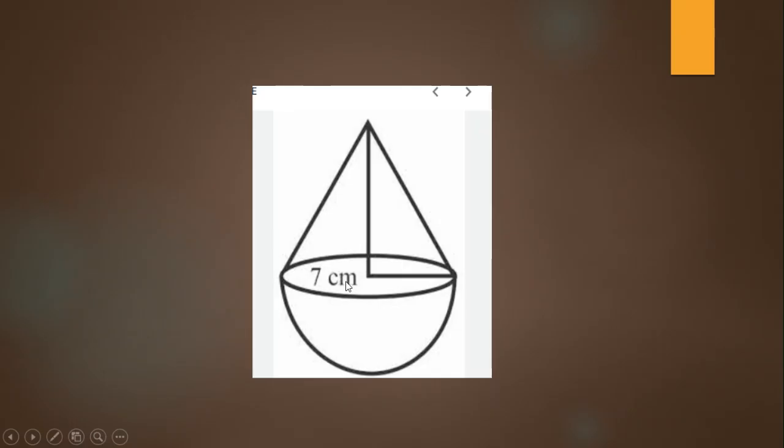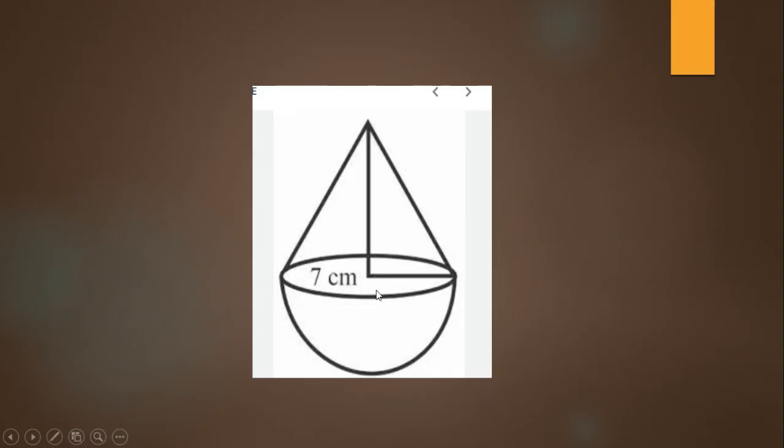That is given. As the right circular cone is surmounted on the hemisphere, it is very clear that the radius of the hemisphere is also 7 centimeters. This point is not directly given, but indirectly it is given, because the right circular cone which is surmounted on that particular hemisphere has the base radius as 7 centimeters.